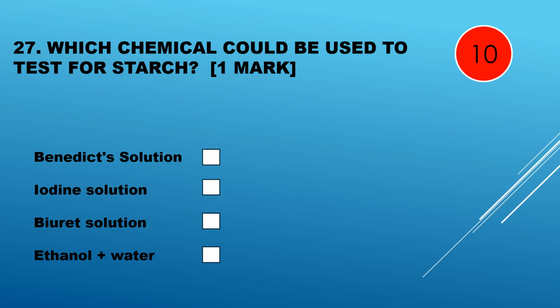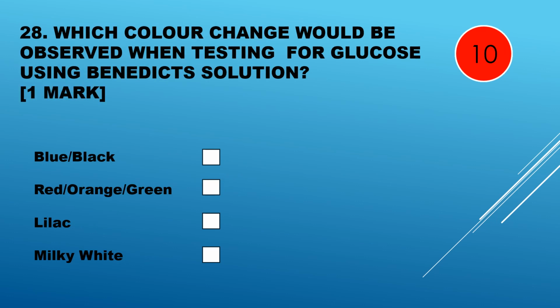Question 27. Which chemical can be used to test for starch? Is it Benedict solution, iodine solution, Biuret solution, or ethanol and water? The chemical used to test for starch is iodine solution. Question 28.